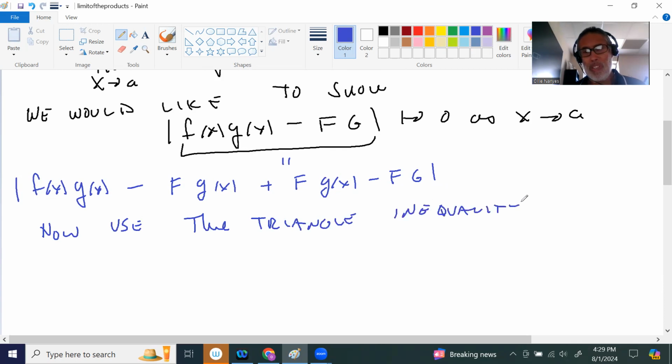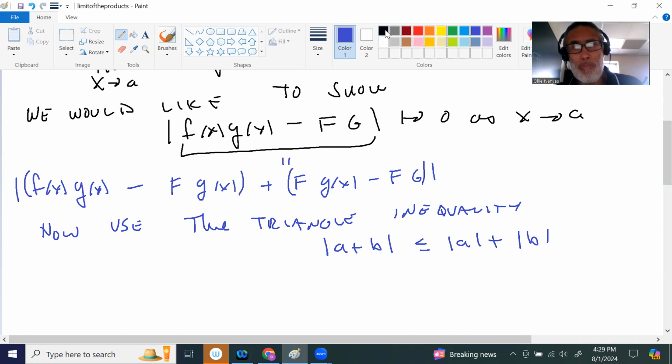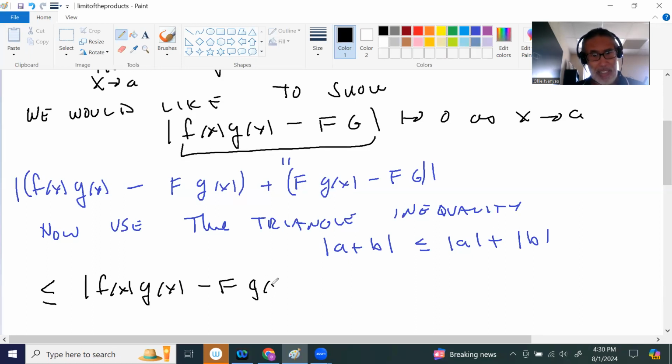And the triangle inequality says that the magnitude of A plus B is less than or equal to the magnitude of A plus the magnitude of B. So by the triangle inequality, this is going to play the role of our A, and this is going to play the role of the B. So this quantity here is now less than or equal to the absolute value of f of x times g of x minus big F times g of x, plus the absolute value of big F times g of x minus big F times big G.